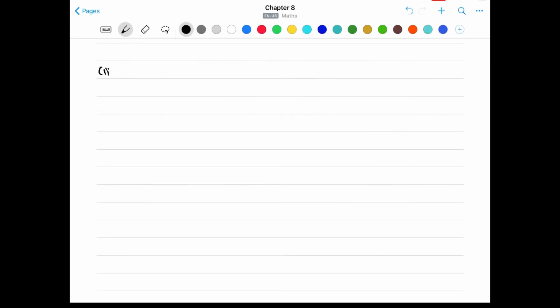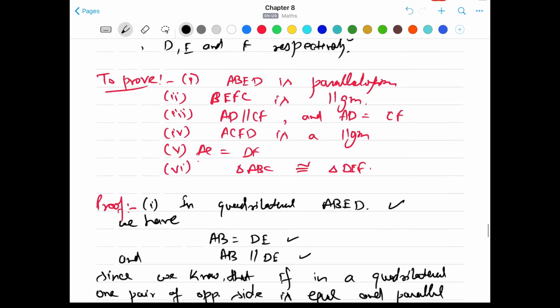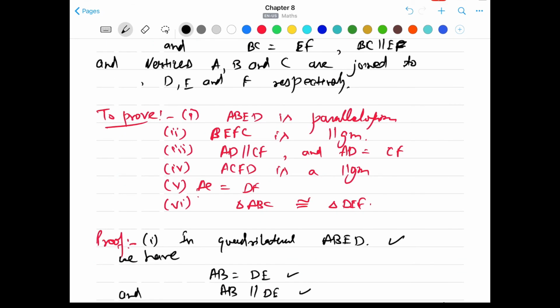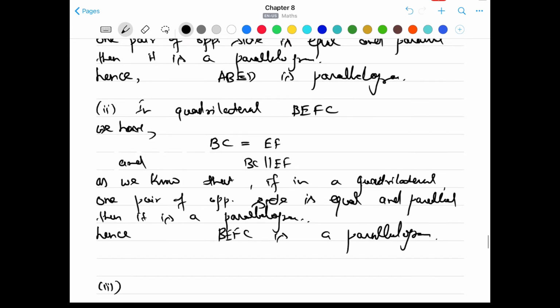Okay, now let's come to part 3. Here we have to prove that AD is parallel to CF and AD is equal to CF.